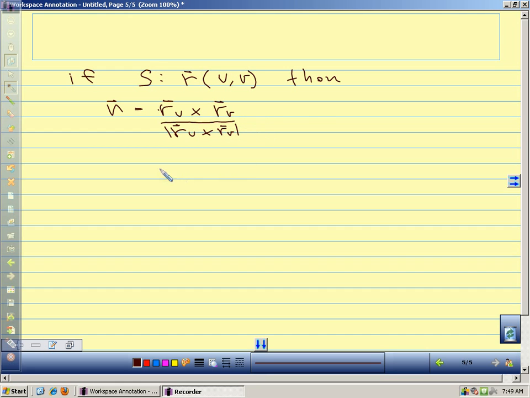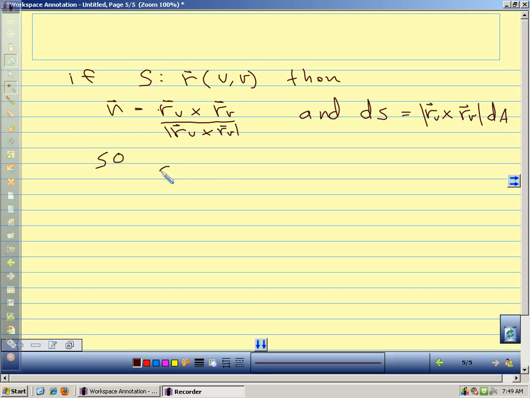And dS with a parametric surface is our magnitude of our cross product times du dv, or dA, I'll say dA. And the magnitudes cancel again.